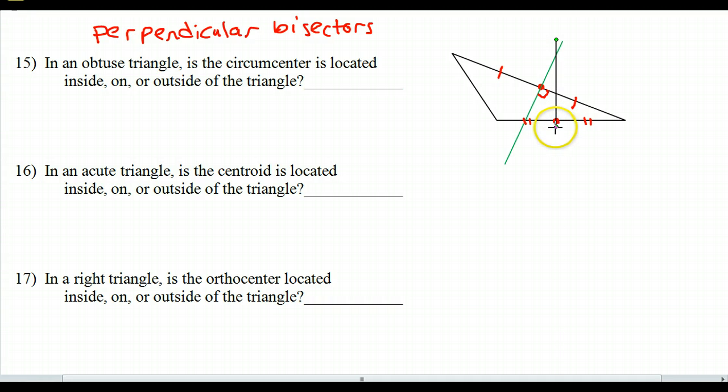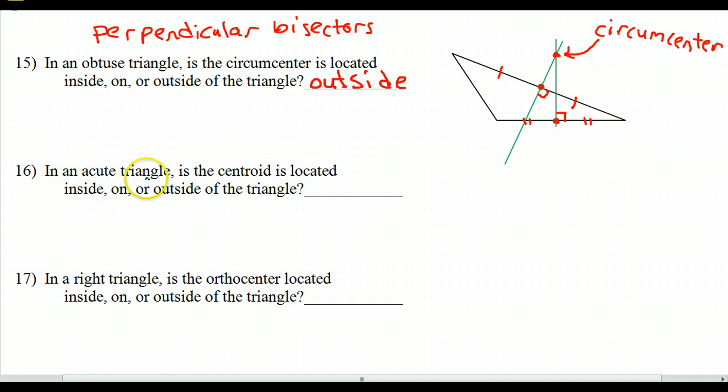That's too far. Okay, so as you can see, all right, I've got my two perpendicular bisectors. Again, that's perpendicular and it's a bisector. But the spot where they meet is here. So this would be the circumcenter. And it is clearly outside the triangle. So we will say outside for that one.